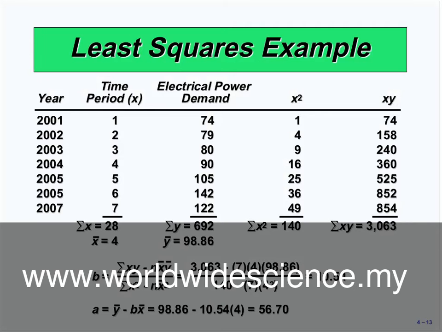January is 1, February is 2, March 3, April 4, May 5, and June 6. Yes, very good. Sigma x equals 21. And x bar, how much is x bar? X bar is sigma x divided by n.